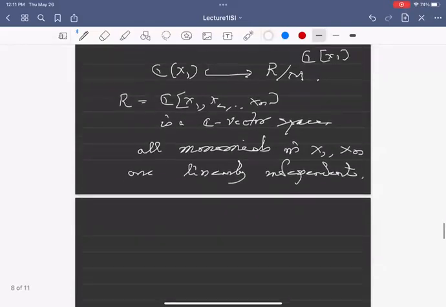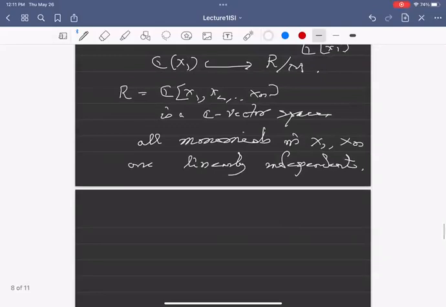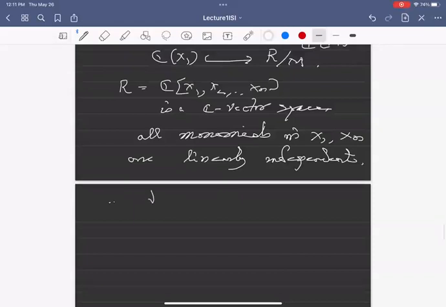How many monomials are there in x1 up to xn? Infinite. Can you be more precise? Countable. Yeah. So the dimension of R as a complex vector space is countable.